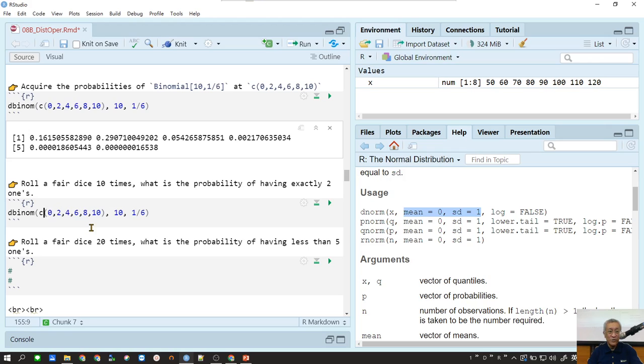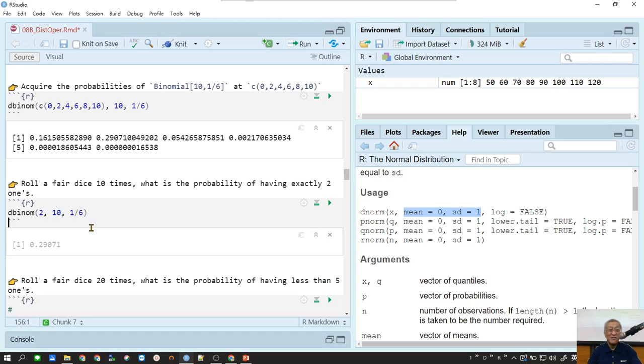If I want to answer this question, the code is like this, right? Because this thing should follow a binomial distribution 10 and 1/6, and I want to know the probability that it occurred only 2 times.